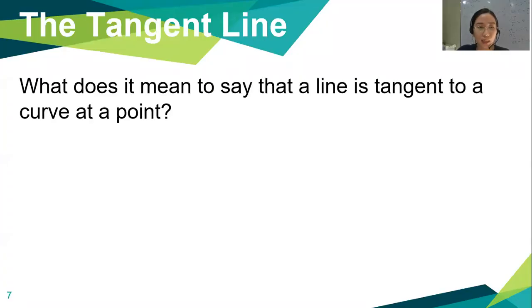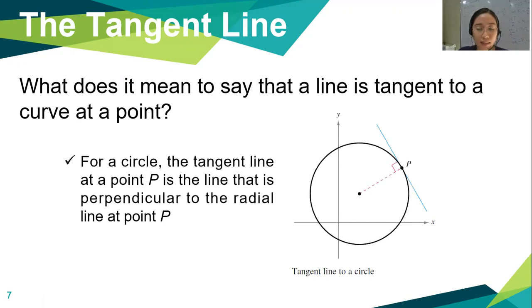Okay, so the tangent line. What does it mean to say that a line is tangent to a curve at a point? It means that a tangent line passes through exactly 1 point along the curve. It is not the same as a secant. So the difference of a tangent is that it touches at exactly 1 point of the circle.